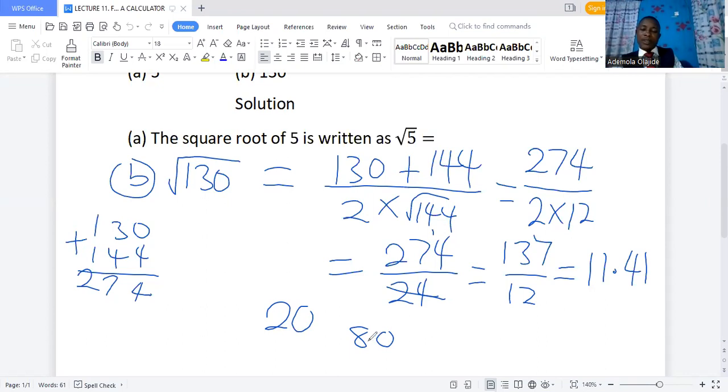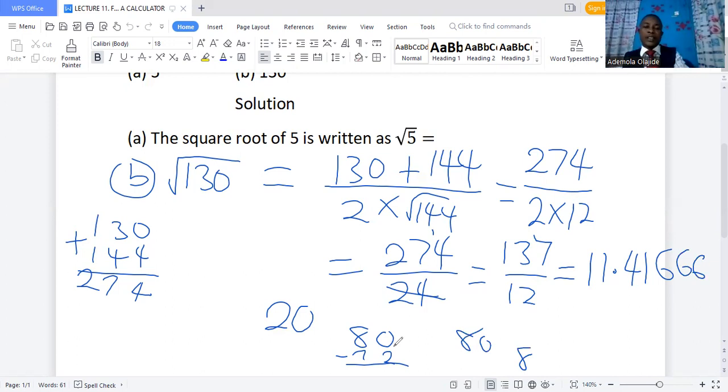How many times? 12 can go in 80 6 times, because 6 times 12 will give us 72. That means what is remaining is 8. When you add 0 again, it will still be 6, and it will still be 8 left. That means that 6 will reoccur.